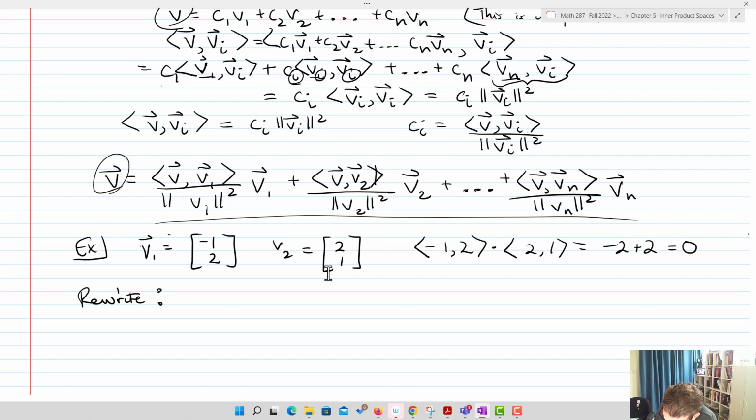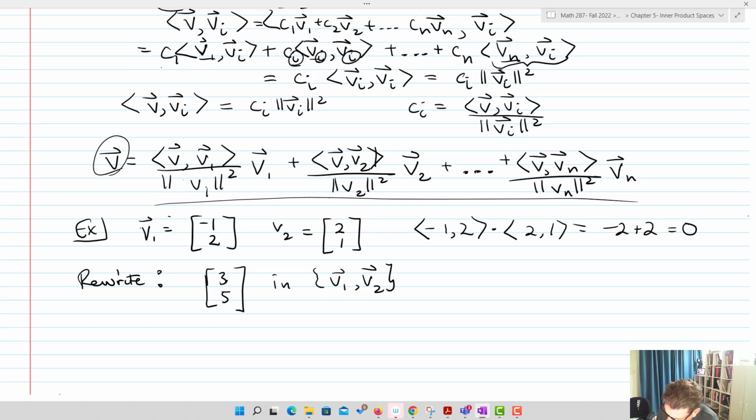Let's rewrite (3, -6). Not (3, -6), that's simple. Let's do (3, 5) in the new basis, in V1, V2, our basis.